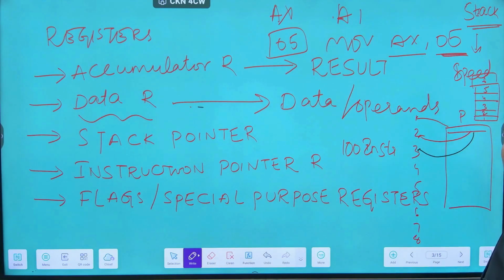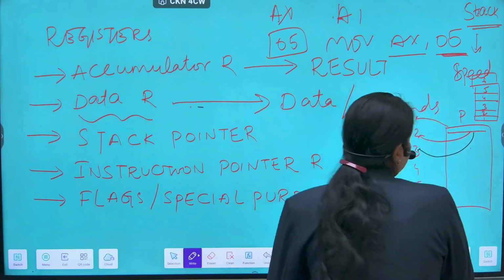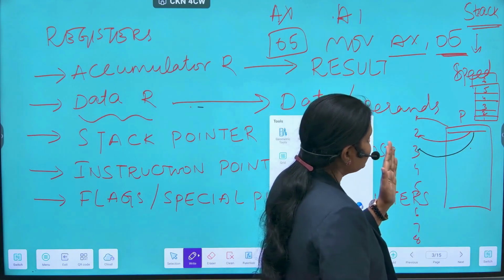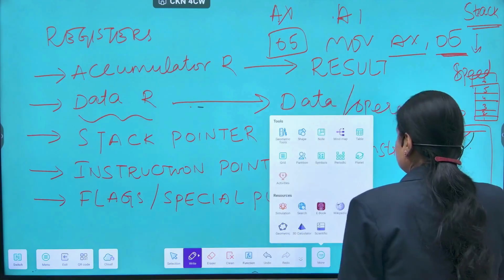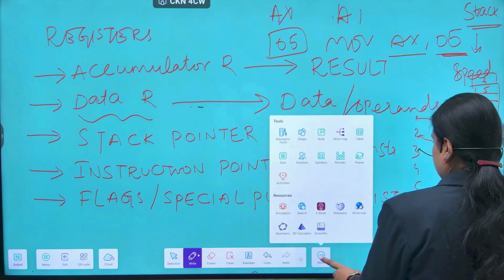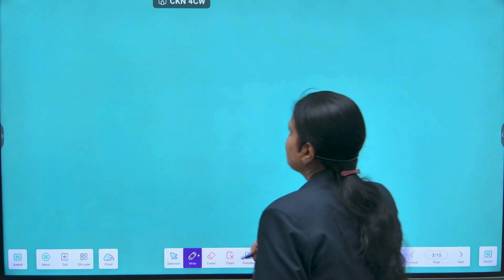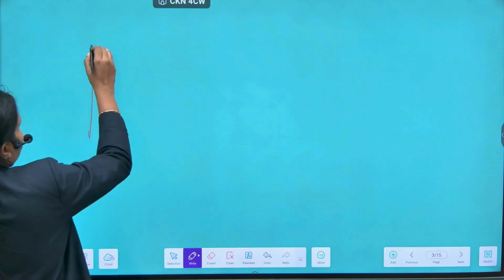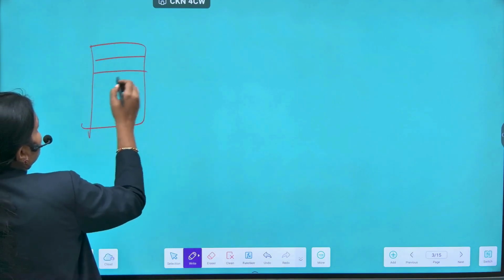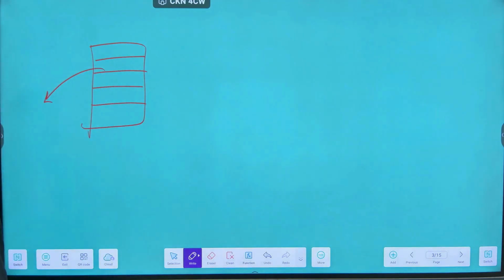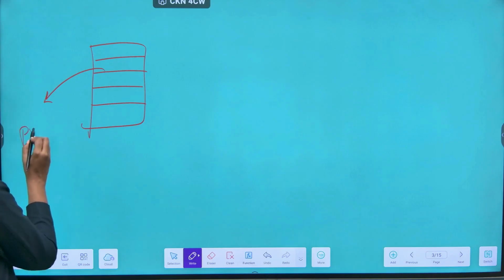So instead of going and interfacing with the program, what the stack pointer does is it accesses the stack.